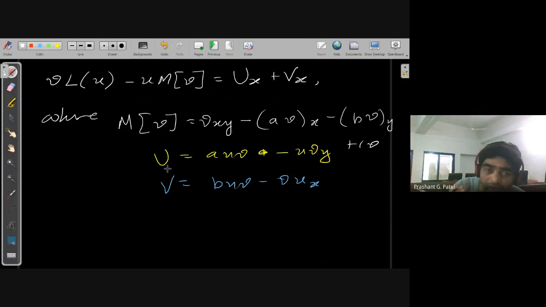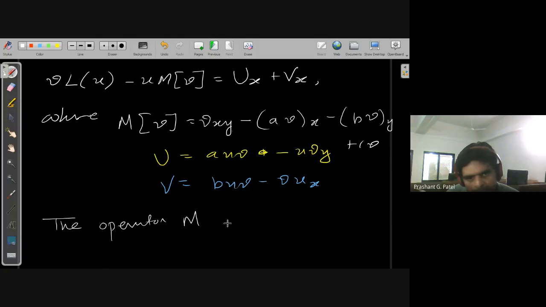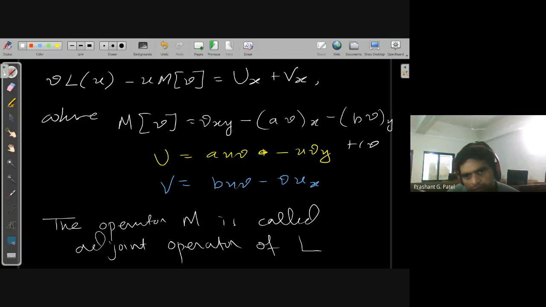Now if you can represent your operator L into this form as M, then this M is called the adjoint operator of L. The operator M is called the adjoint operator of L. And if M is equal to L, it is called self-adjoint.